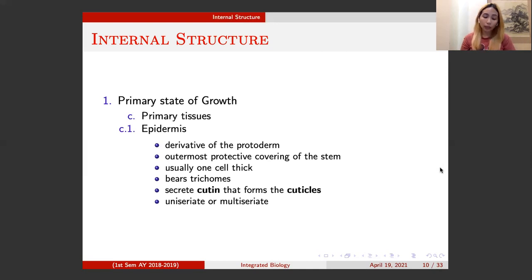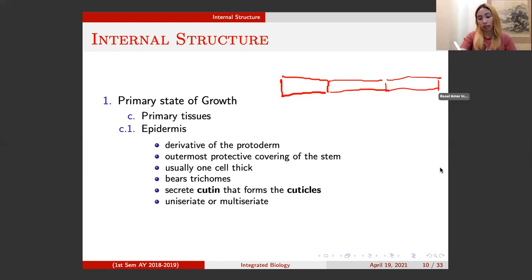Now the epidermis also secretes cutin that forms the cuticle. As I said earlier, the epidermis is made of elongated cells. If you zoom in using a high-powered microscope, you're going to see a transparent layer on top of it that looks like this. It is not polygonal. It looks more like humps. These are actually waxes and cutins.